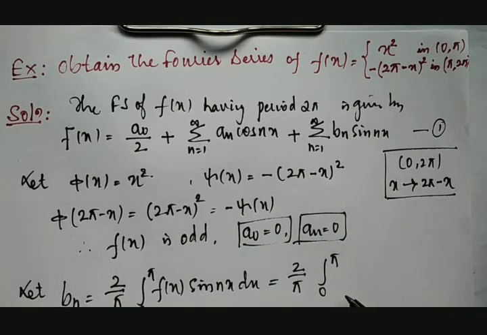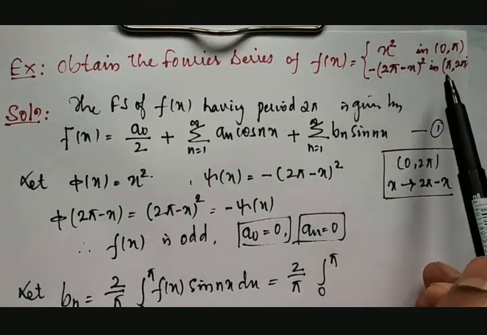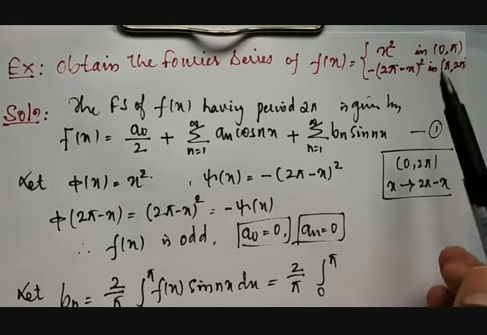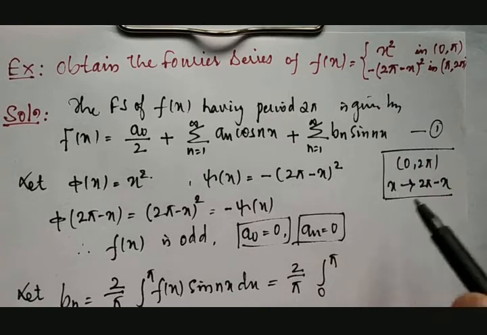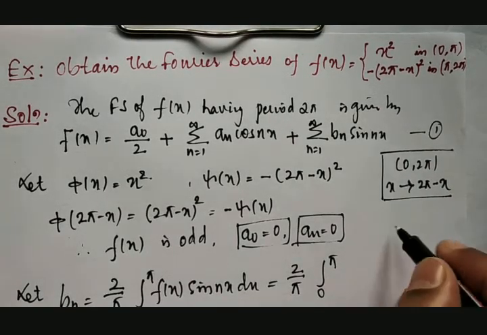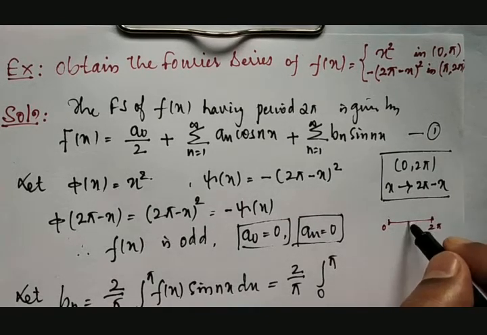We need to choose the function which is between 0 to pi. You can see this is between 0 to pi, which is x square. This is between pi to 2 pi. This cannot be taken. So only we need to choose the function between 0 to pi. The function between 0 to 2 pi is split into two parts.